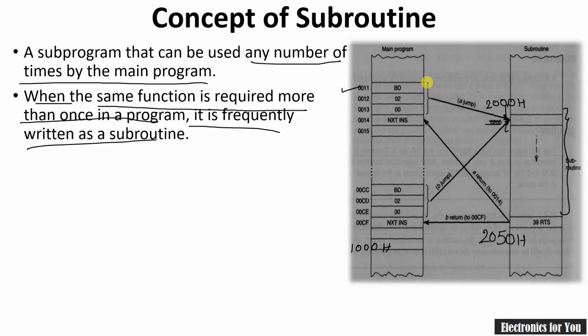Whenever we use a subroutine, we use an instruction known as the CALL instruction, and this CALL instruction calls the subroutine in our program. Our program execution will jump to this particular memory location, which is nothing but the subroutine. Once the subroutine is completed, it will automatically return to the next line to be executed.